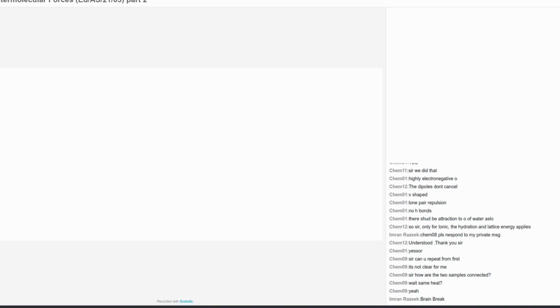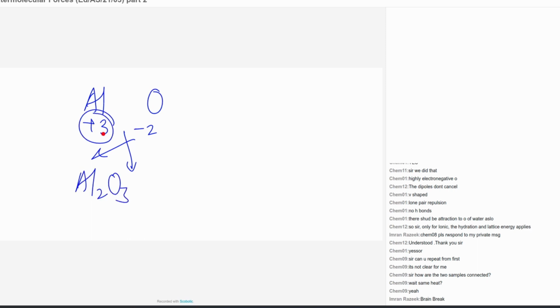What is meant by combining power is that, for example, if you take aluminium and oxygen, you get Al2O3. So the valency of aluminium goes to oxygen, and the valency of oxygen goes to aluminium. So the combining powers are 3 and 2.